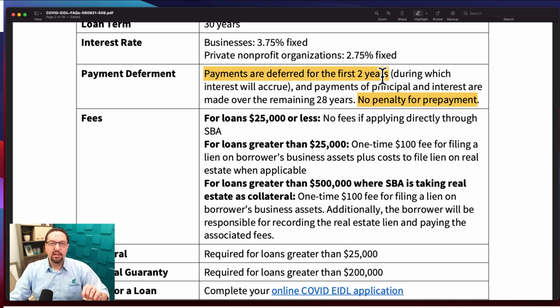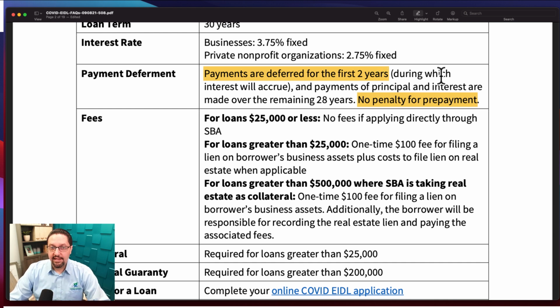But if you got your EIDL loan in 2021, the SBA had said that instead of 24 months, you had an 18-month deferment period. Now that has changed. Even if you got your EIDL loan in 2020 or in 2021, you do have the 2-year deferment period.